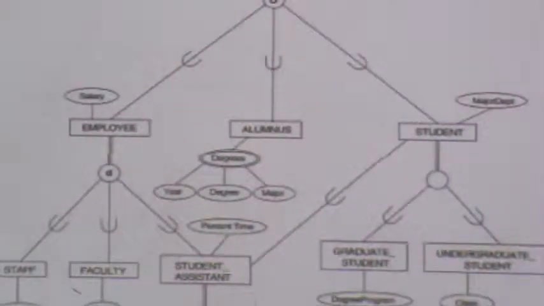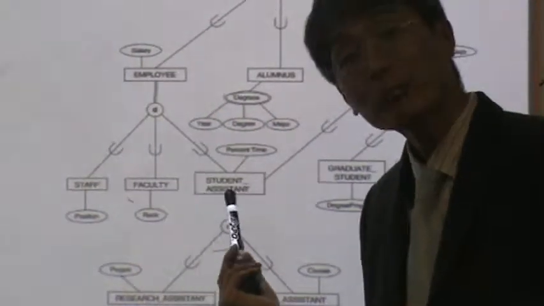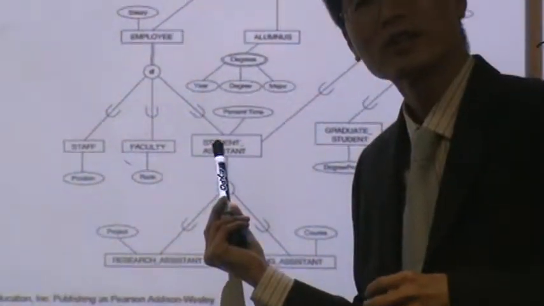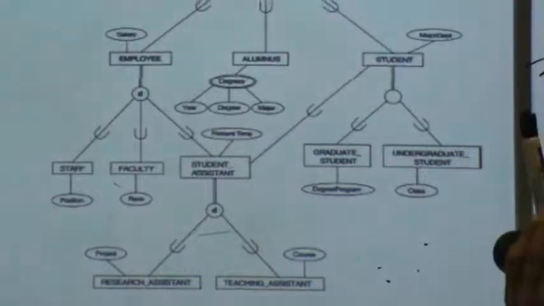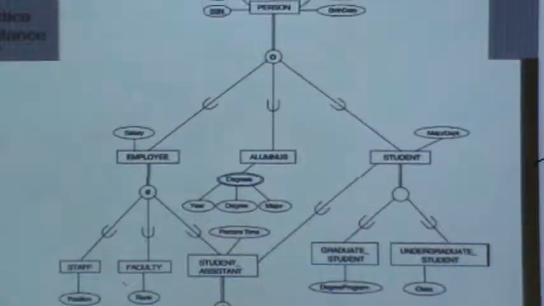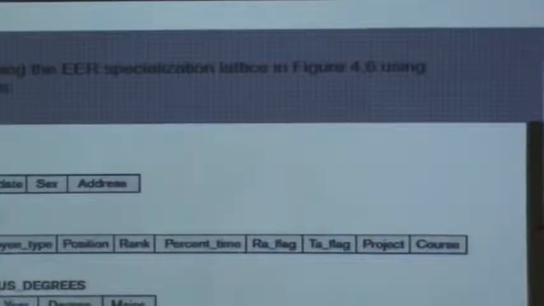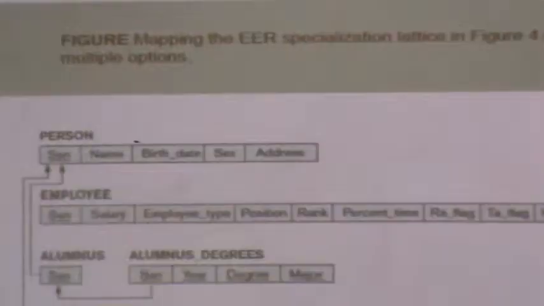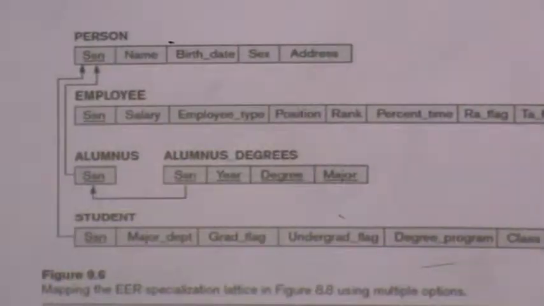But when we create the table, when we create the database, it can be one or more tables or relations, step by step. So here we try to convert this one into the relational model. This is one example. This time we try to understand how they are converted into this one.